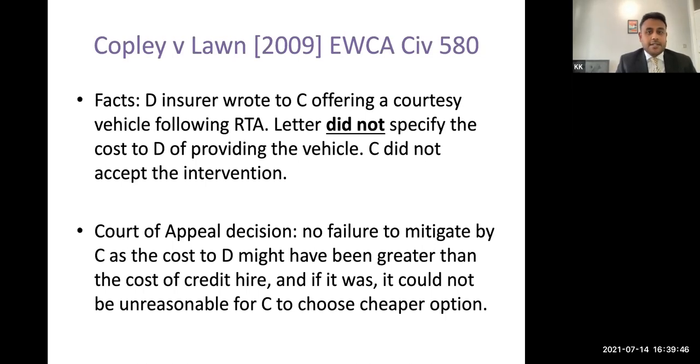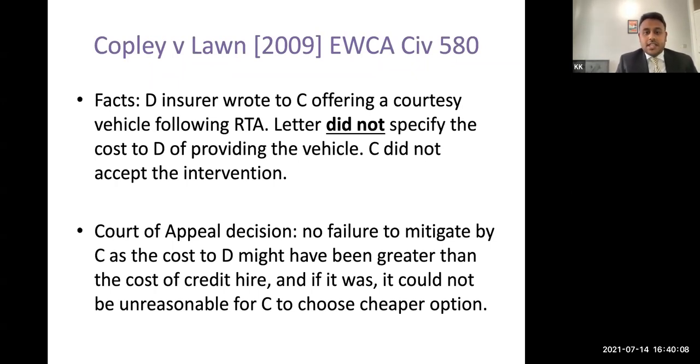And in the case of Captain Maiden, District Judge Flanagan dismissed the claimant's claim on the basis that he had failed to mitigate his own loss in simply choosing to ignore the defendant's offer, which in District Judge Flanagan's view was an entirely reasonable offer.